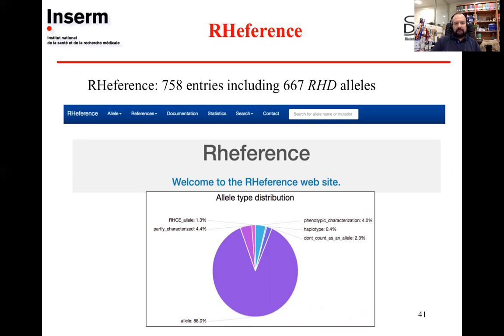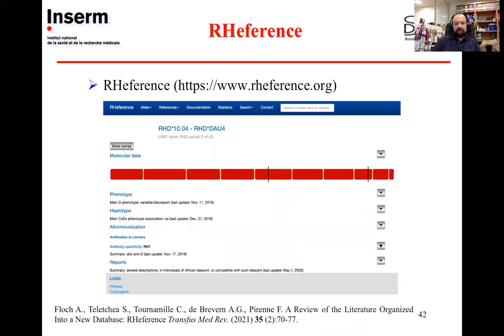We have also provided statistics and different types of very precise documentation. Here you have a very classical variant page where you have all the information. As there is a lot of information, we decided to put buttons so you can extend the information to have everything you want.